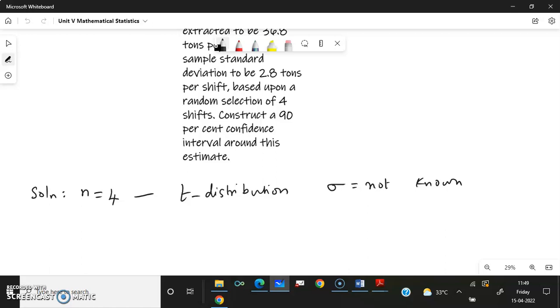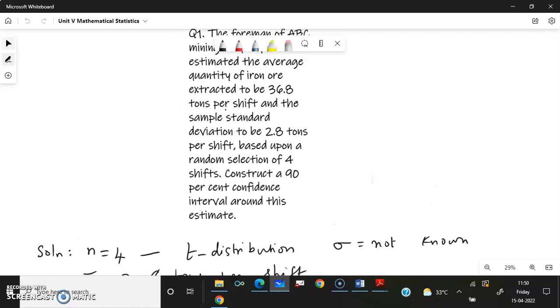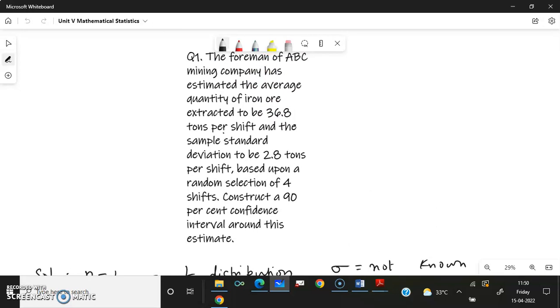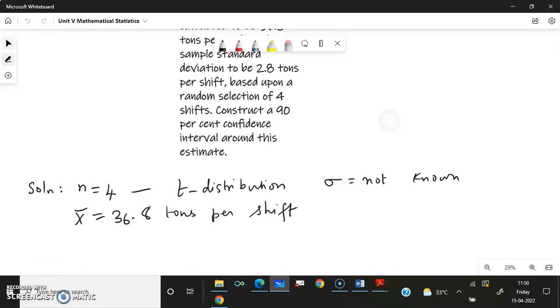Whatever information is given here: n equal to 4, x bar equal to the tons, which is 36.8 tons per shift. The average quantity of iron ore extracted is 36.8. That is the reason x bar is 36.8, right?